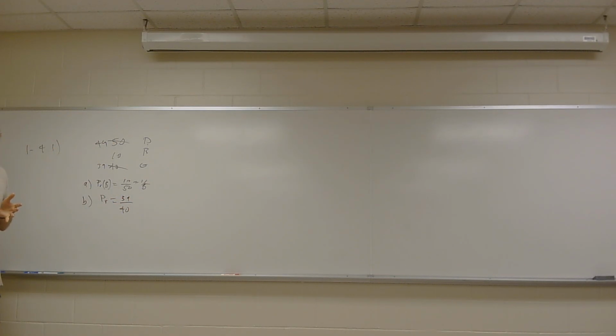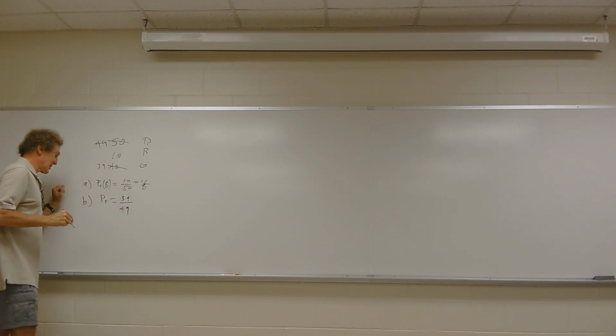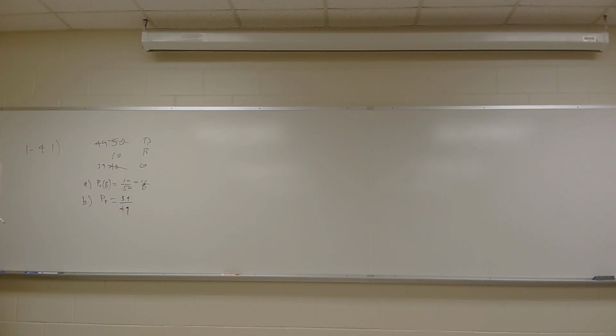Everybody understand that? This is as simple as it gets. And we're assuming that the likelihood of selecting one is the same in all cases. There's not a skewed weight on it.